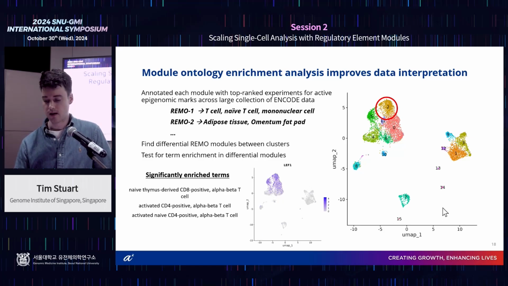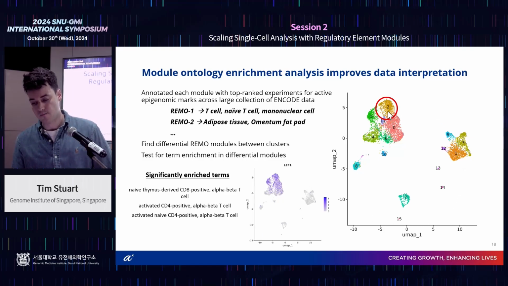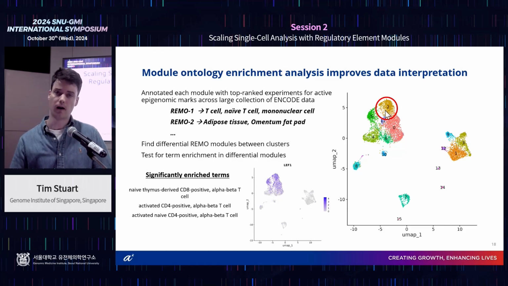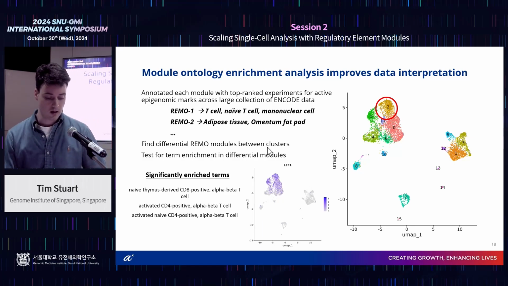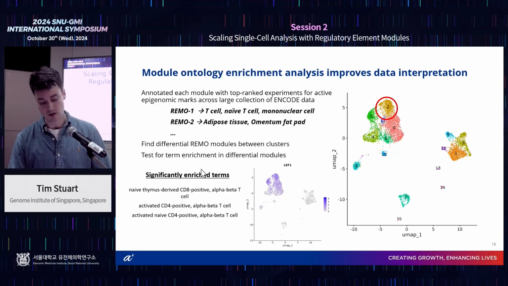This is the PBMC dataset that I showed earlier. If we look at cluster 2, we can find all the different modules that are specific to that cluster. Then we can look at the list of terms annotated for those modules, do an enrichment test, sort of an ontology enrichment analysis, and find these enriched terms. In this case, the enriched terms are shown here.